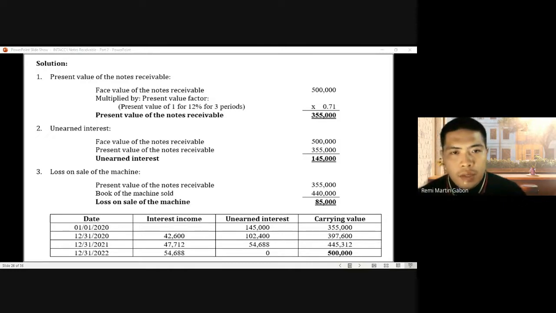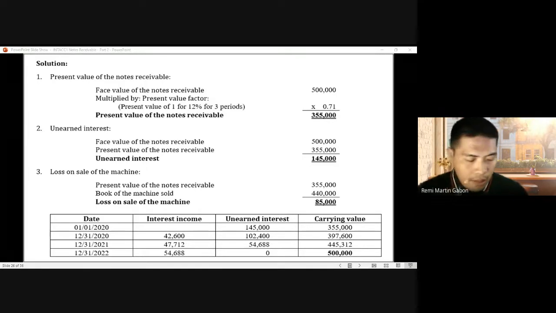So 500,000 minus 102,400, that would be 397,600. My dear, you have several ways to manipulate the figures in the amortization schedule. Maraming ways yan, guys. Every ways will result to the same figures.